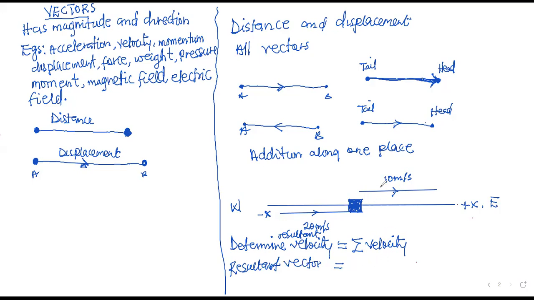So a velocity of 10 meters per second and another velocity of 20 meters per second act on the body. The resultant velocity must be the summation of all the individual velocities. So 10 plus 20 will be equal to 30 meters per second.